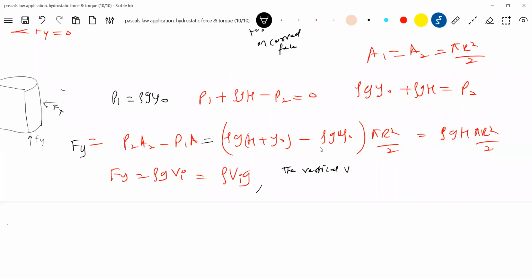The vertical force exerted by liquid on a submerged solid is equal to rho into Vi into g. So what is Vi? Volume immersed of the solid. And rho is the density of the liquid, not the density of the substance.